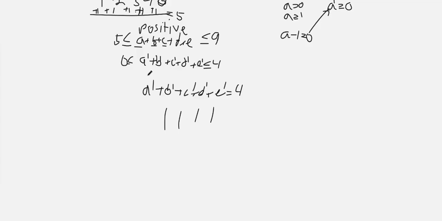So let's say we had 1 plus 2 plus 0 plus 0 plus 1. So to the right of this bar, we have a 1, so that's 1 star. And then we have 0 stars, 0 stars, 2 stars, and 1 star.